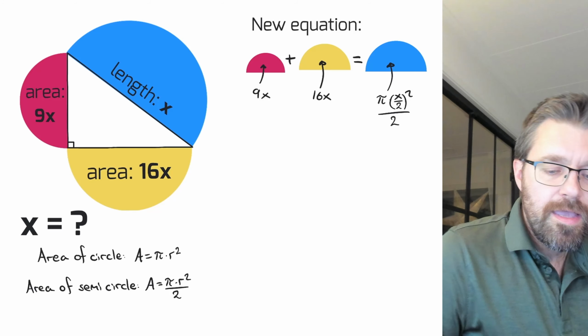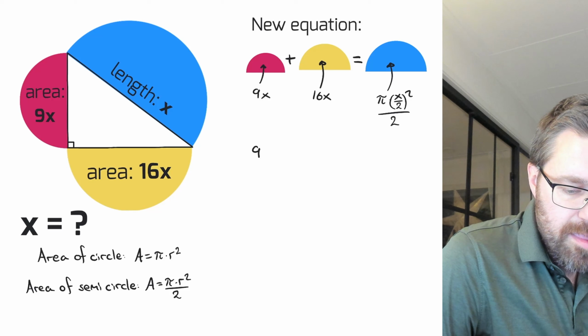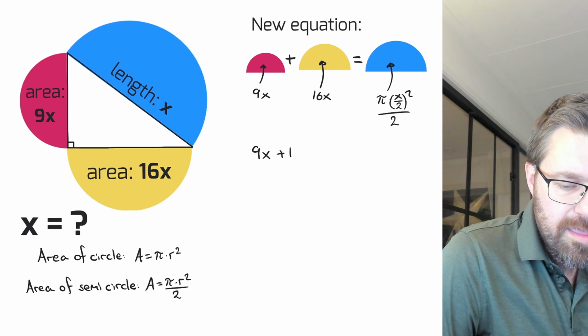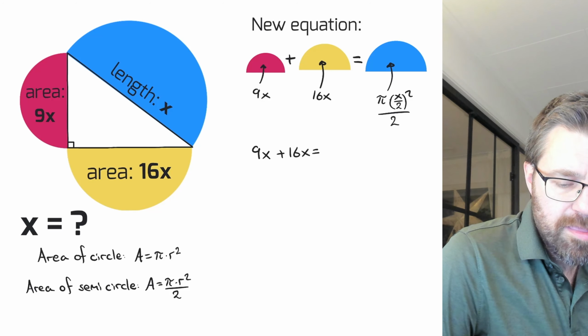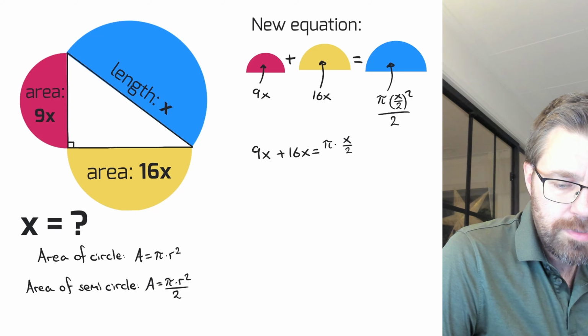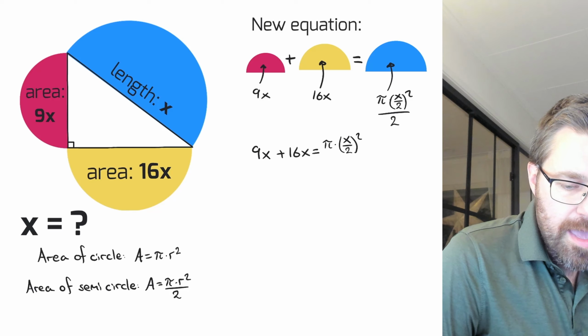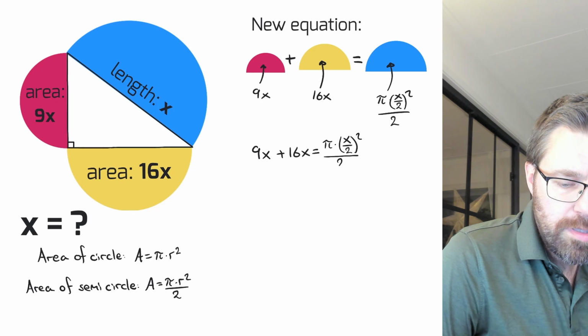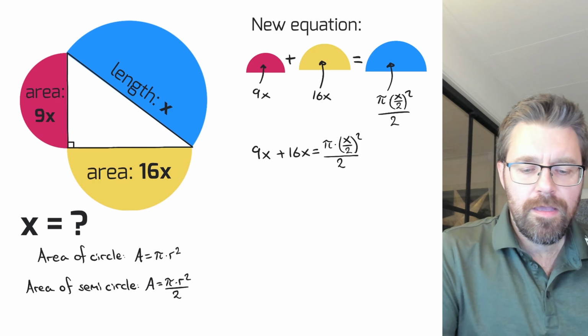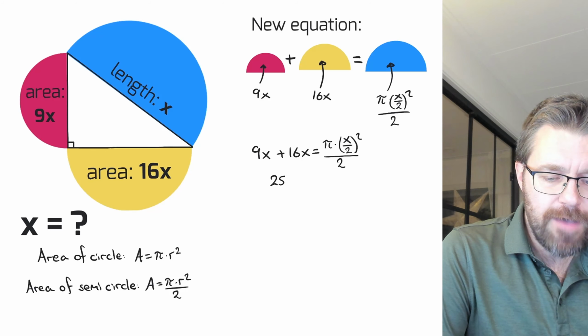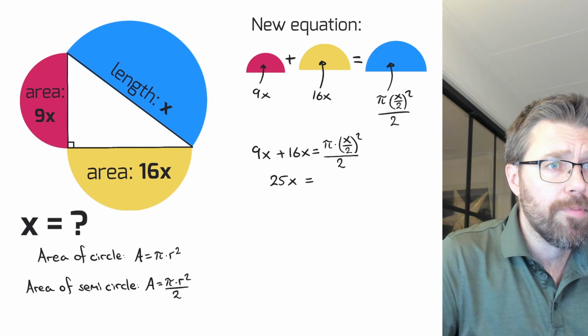So the equation is this: 9x plus 16x equals pi times x divided by 2 squared, and divided by 2 again. On the left we have 25 times x, and on the right we have the same number.